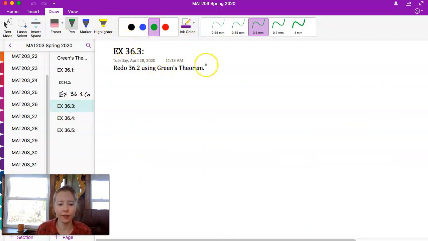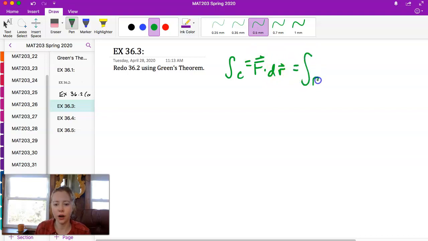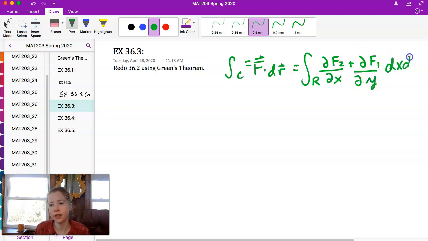So we have then the line integral of f dot dr is going to equal the integral over R of del f2 over del x plus del f1 over del y dx dy.